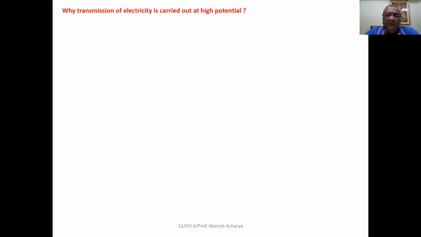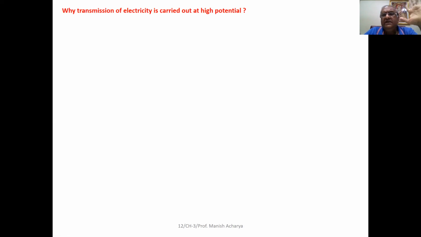Next topic: why the transmission of electricity is carried out at high potential. We know the electricity is produced in the powerhouse, and then from the powerhouse, the electrical energy is transmitted to end users through conducting cables.